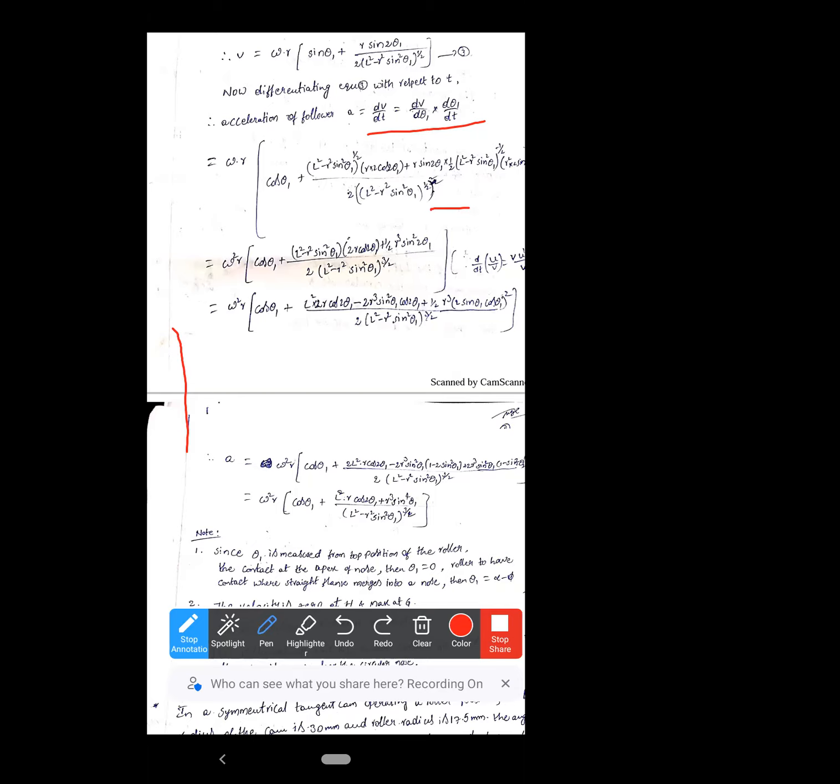This is again like x power n, so that is 1 by 2 into, that means n into x power n minus 1.